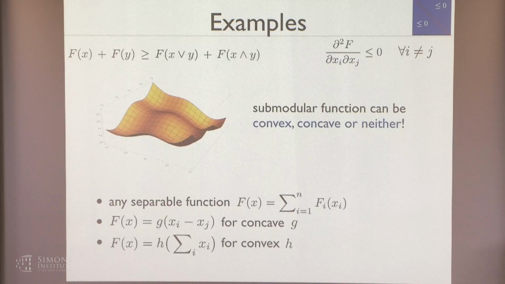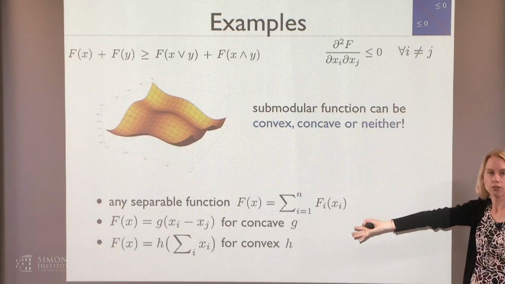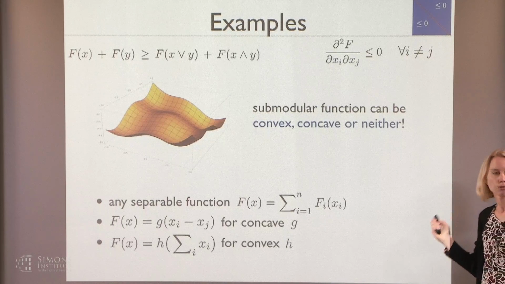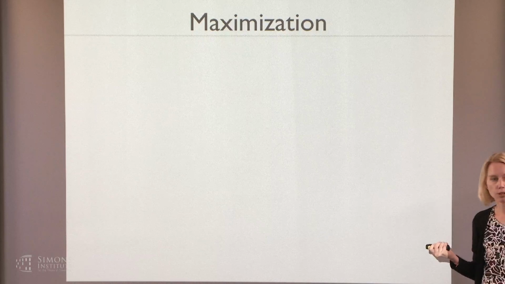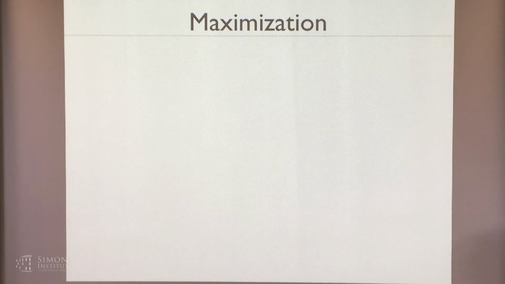So the key question is, do the results that I talked about generalize in any way to these kinds of functions? In a nutshell, they do, to a certain extent. If you want to do maximization, we realized all we need is diminishing returns. Remember, that's what gave you the concavity and so on. Diminishing returns is not the same as submodularity in this general case.